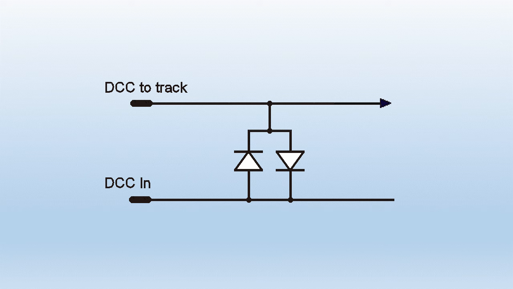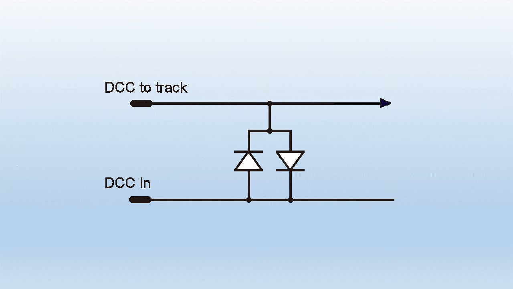Now we're almost there, but there is one more thing. You may recall that at the beginning I mentioned the turn on and turn off time of diodes. The usual general purpose silicon diode is fine for all the purposes I've already mentioned, but their switching times are too slow for the higher frequencies that DCC uses.